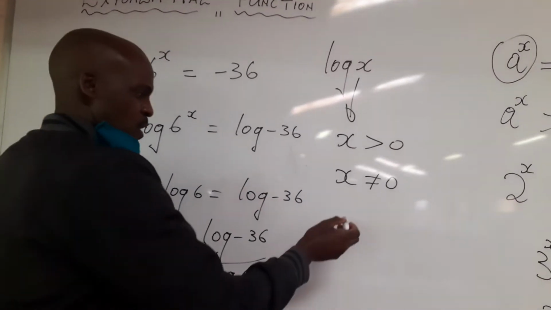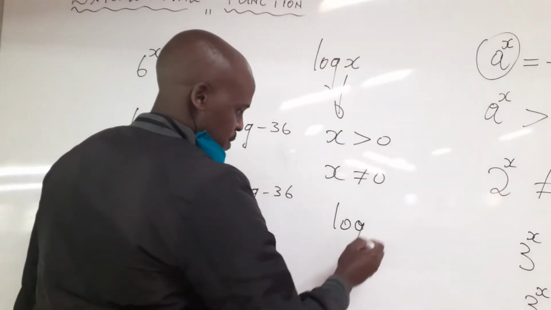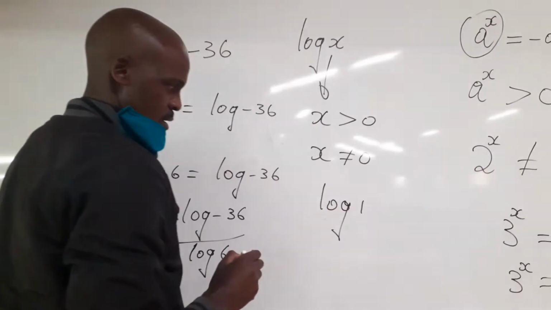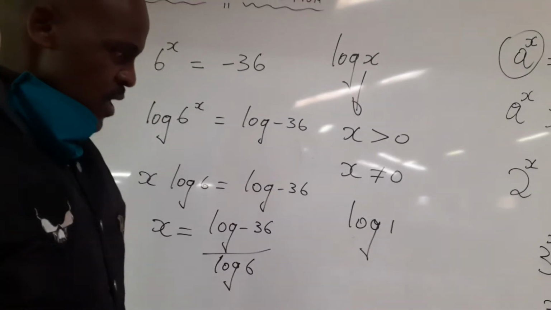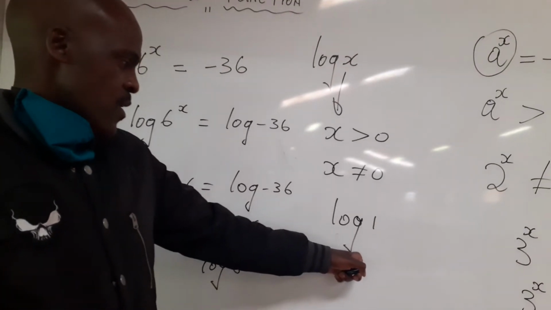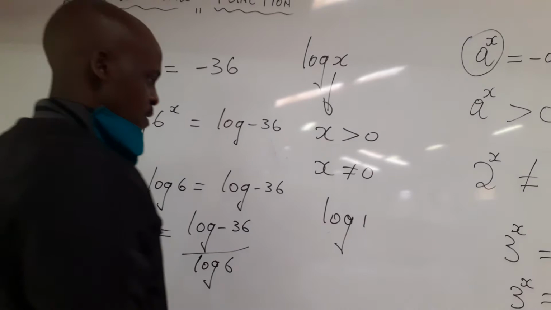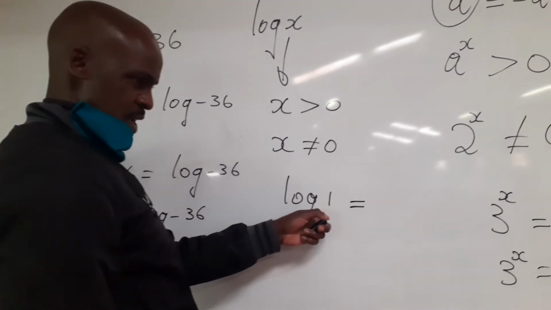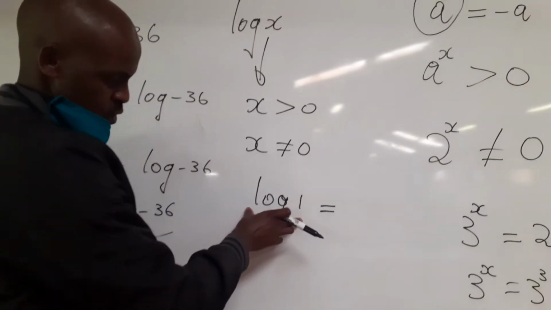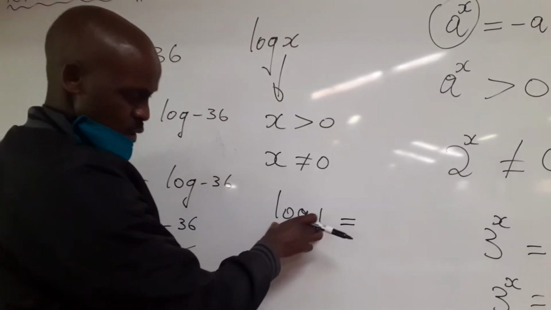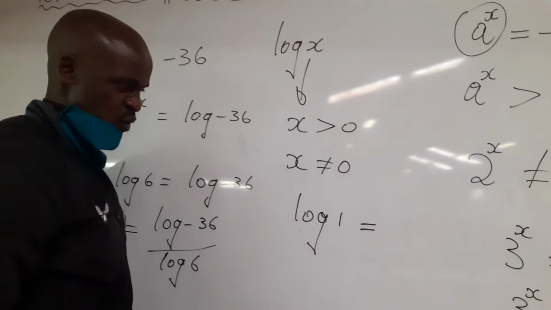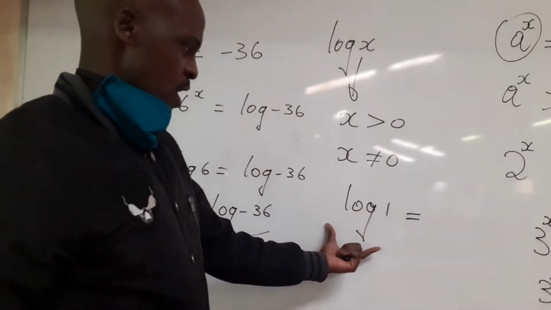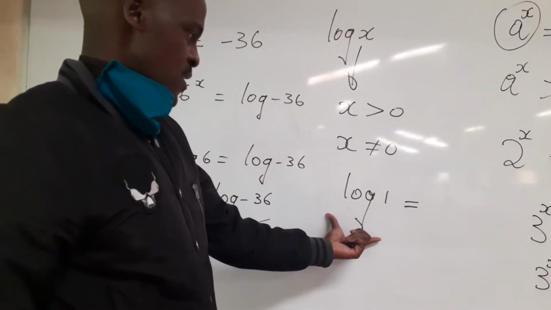But then if you are having log 1, 1 is positive, and again, the base is 10 there. Therefore, using a calculator to find log 1, you can find a solution here. It will exist if you are to use a log 1 for that.